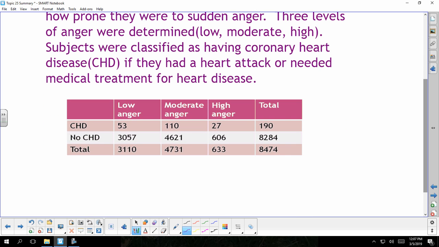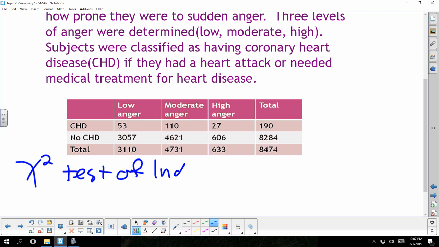So we have our low, moderate, and high. We have our table totals, and we have heart disease or no heart disease. So these tests are quite simple. Let's just go through these. This is a chi-squared test of independence.